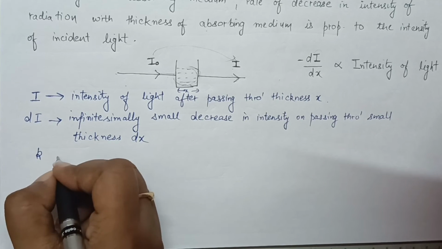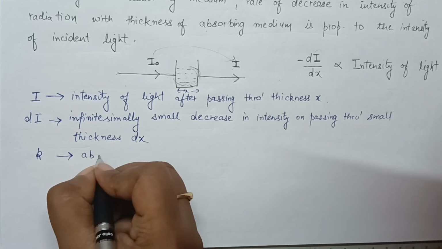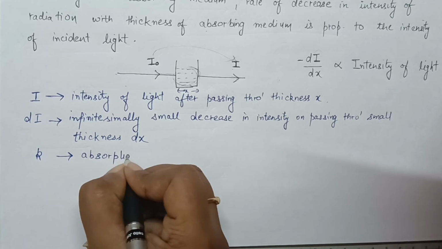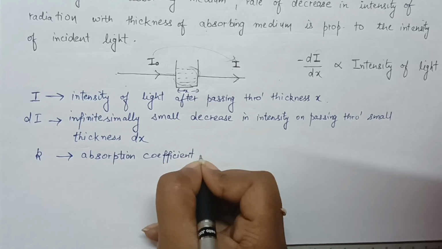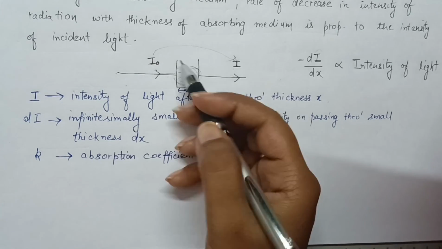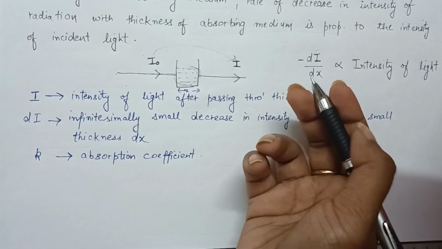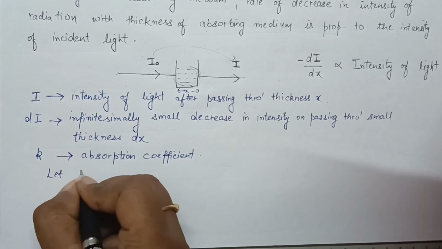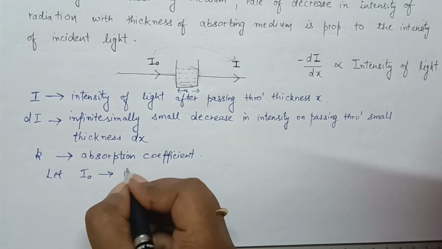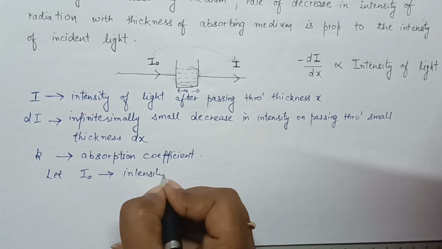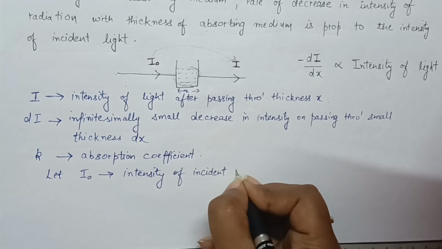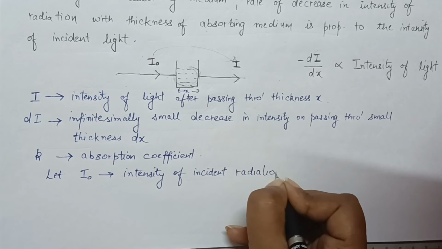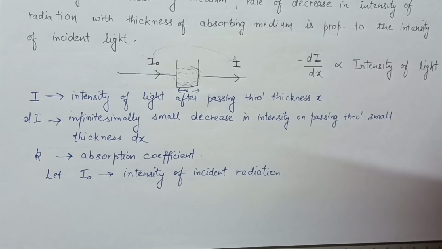We are using here small k, that will be the absorption coefficient. Now suppose I naught is the intensity of incident radiation. So now we have defined all the terms.